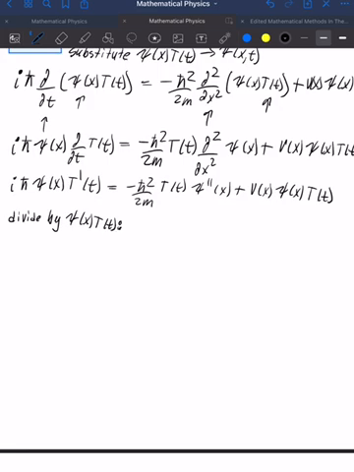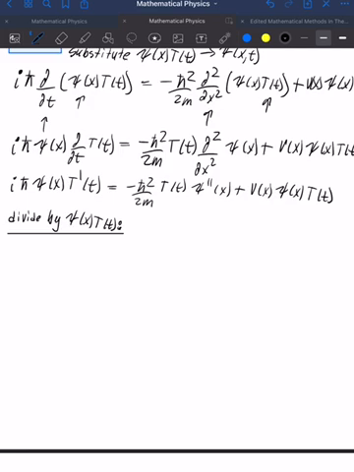And the reason you want to divide is because what that's going to do is get your equation in a form such that the x variable is completely separated from the t variable. In other words, on one side of the equation, you will have an expression with only t, and on another side of the equation, you will have an expression with only x.